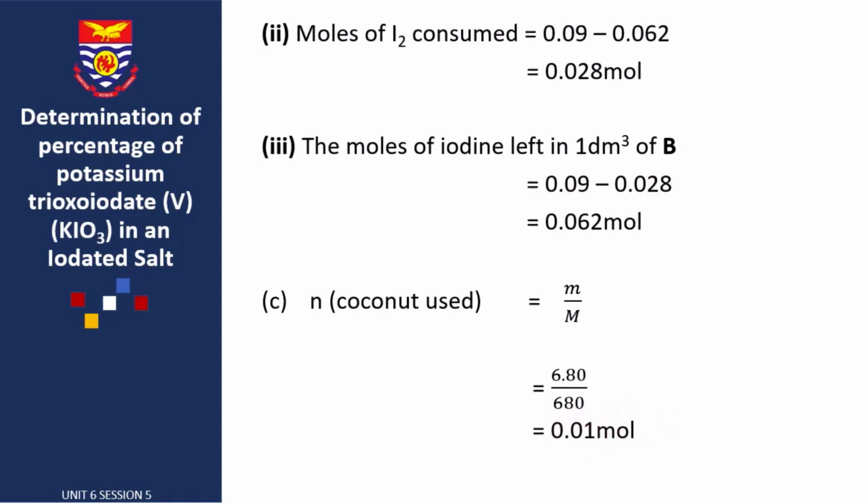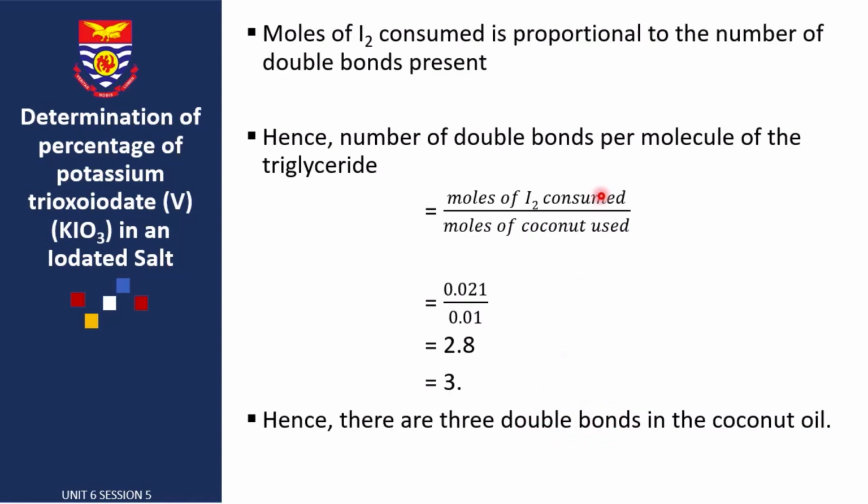Now that we know the moles of the coconut, finding the number of double bonds will be simple. So, like I said, we are going to divide the moles of the iodine consumed by the moles of the coconut. Moles of iodine consumed divided by moles of the coconut, we are going to get 2.8. We can approximate this to 3.